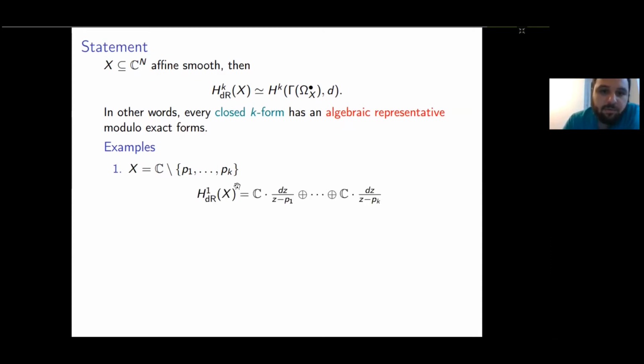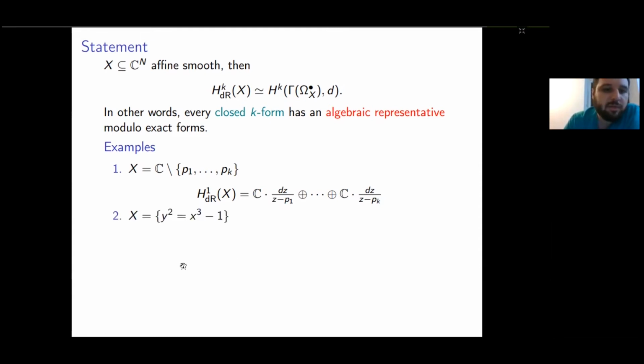Then the de Rham cohomology group is generated by these meromorphic forms, dz over z minus each point. And you can see that these forms are in fact algebraic, right? So this is kind of well known.